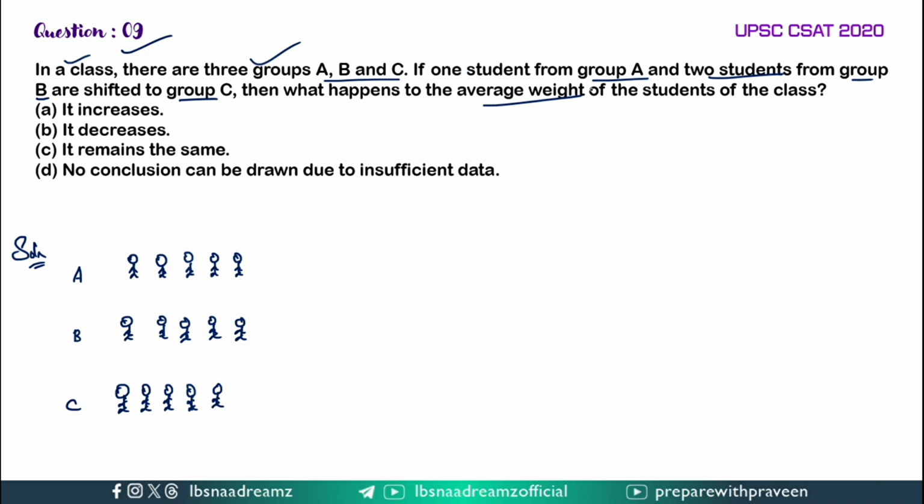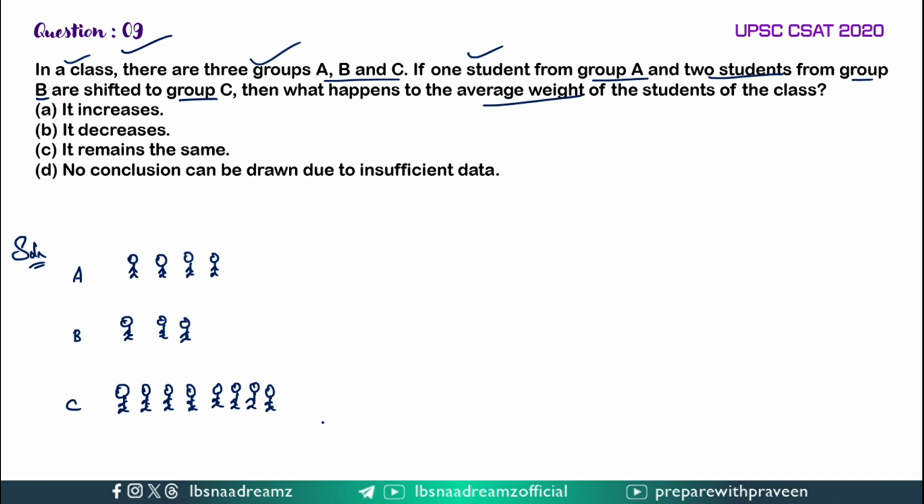If one student from group A and 2 students from group B are shifted to group C, first, let us move one student from group A to group C. So this one student is coming here, and two students from group B. So these two students are coming to group C.